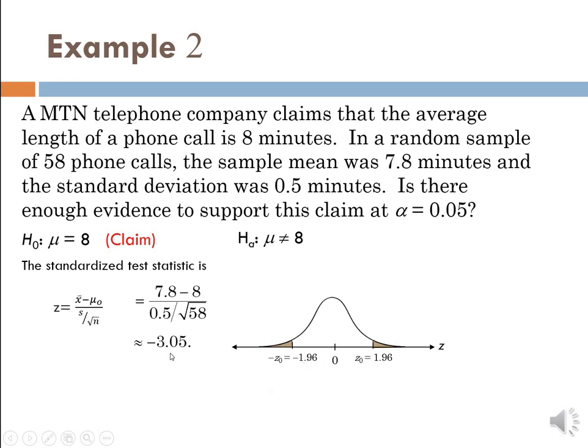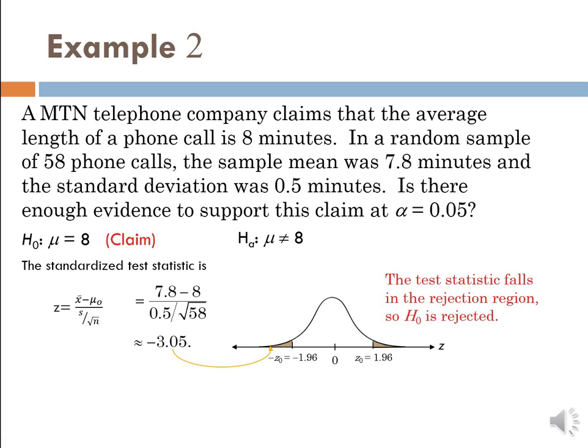Now mapping the Z calculated value on the graph shows us that negative 3.05 will lie on the left side of our negative critical value.